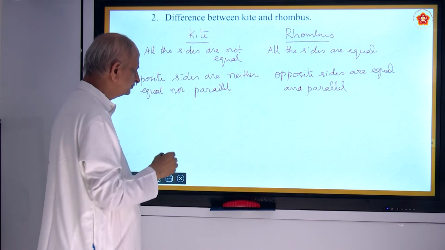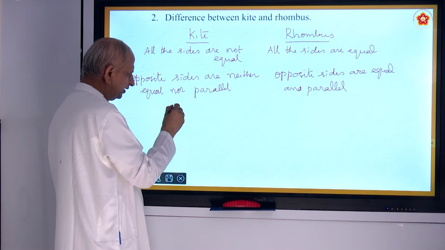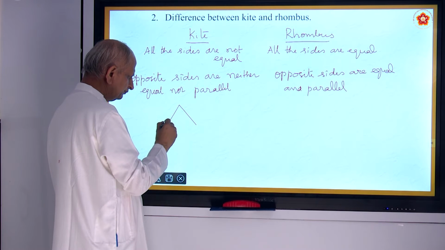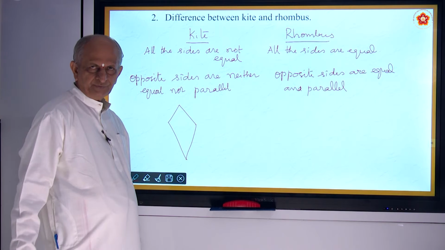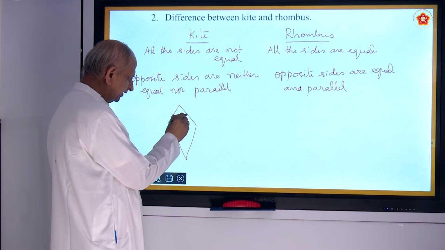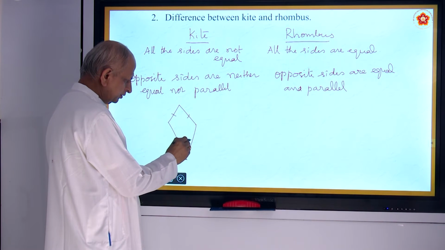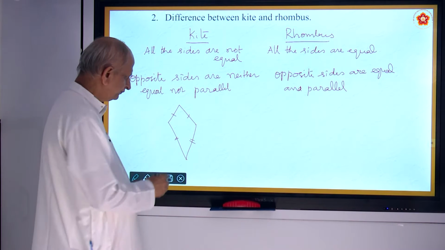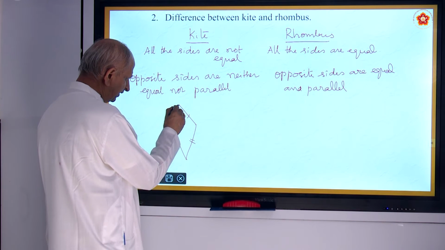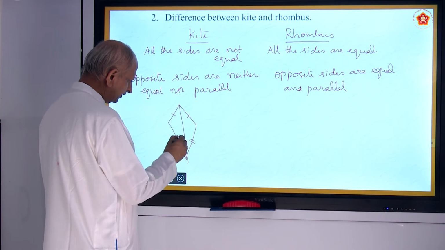For example, I am drawing a rough figure of a kite, and many of you are experienced. So here these are called adjacent sides, they are equal, but opposite sides are not equal, and diagonals bisect at right angles.